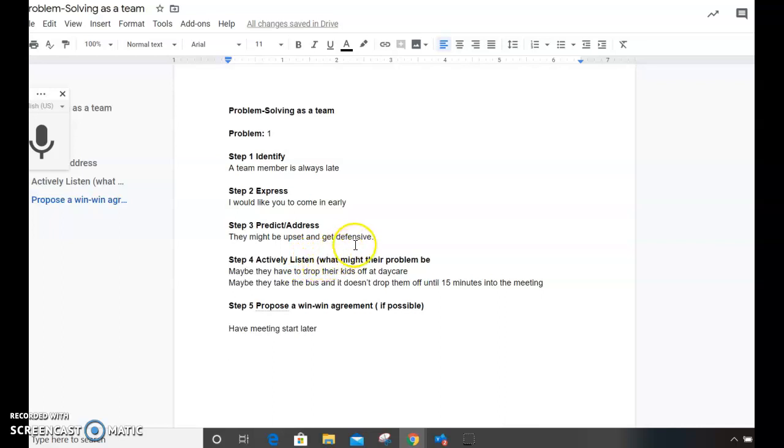Some people have a hard time taking criticism, which is part of the reason why we spent a lot of time on it, because people don't like to be told they're doing something wrong. No one likes to be put in that position, so you got to be prepared for that. And that all comes with delivery. If I go up to someone and I say, why are you always late all the time?